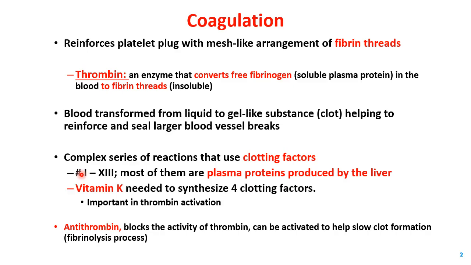On average, we have clotting factors that are in Roman numerals, from 1 to 13, and you have other factors that are also playing around here. Most of these factors, as we mentioned, are proteins floating around in the blood, and what produces the proteins is the liver. So the liver is producing those clotting factors.